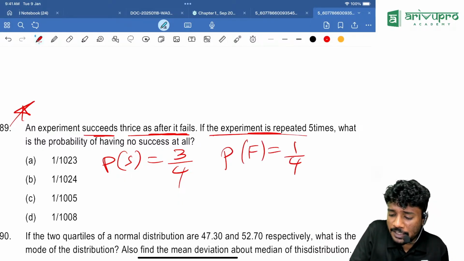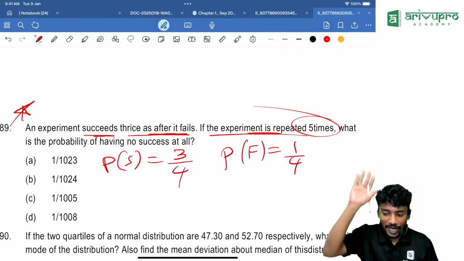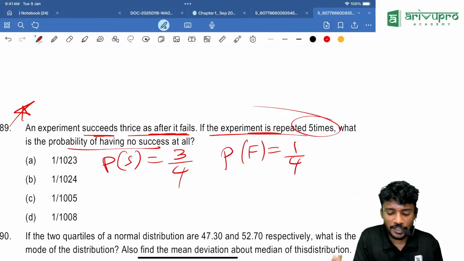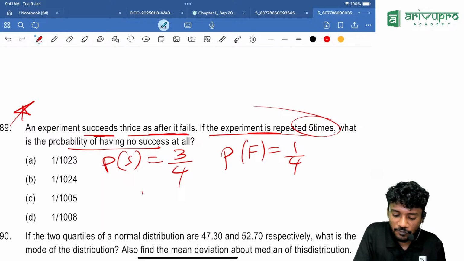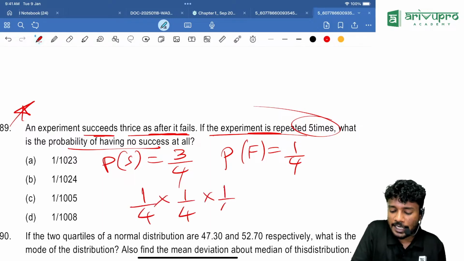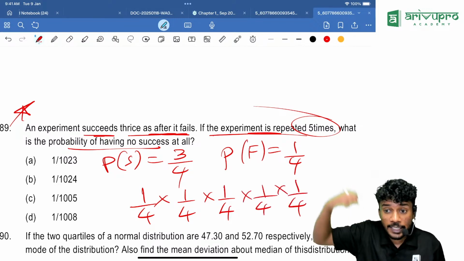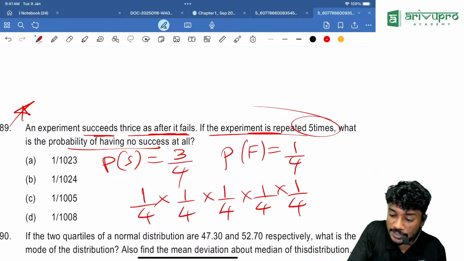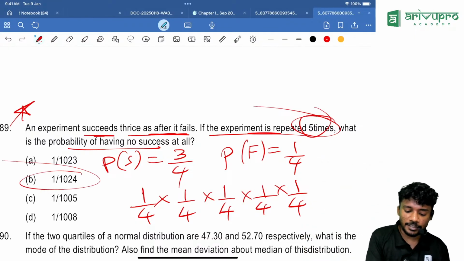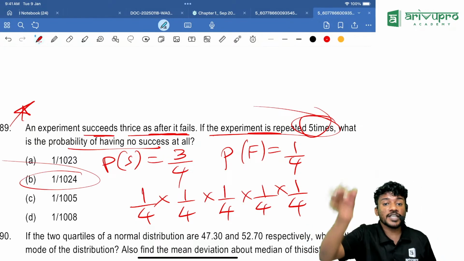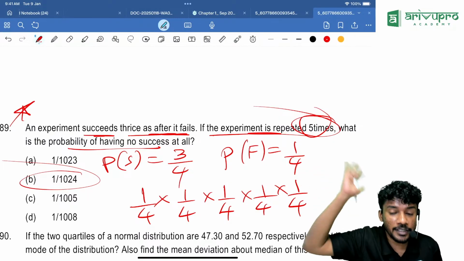If the experiment is repeated how many times? 5 times. What is the probability of having no success? That means first time it is a failure, again a failure, again a failure, again a failure, again a failure. Can you do the 6th time? No. They are asking for 5 times. What is the answer? 1 divided by 1024. Are you getting the point?